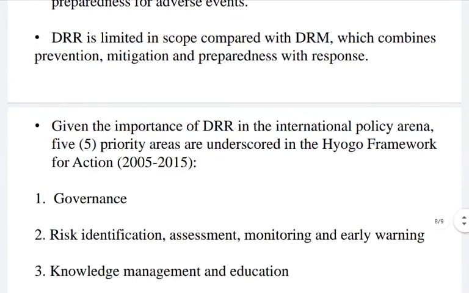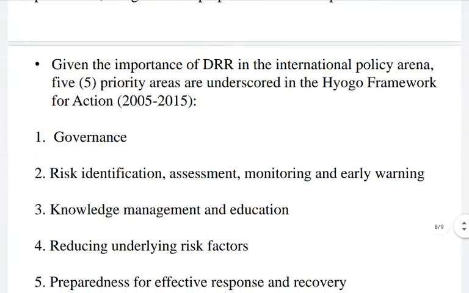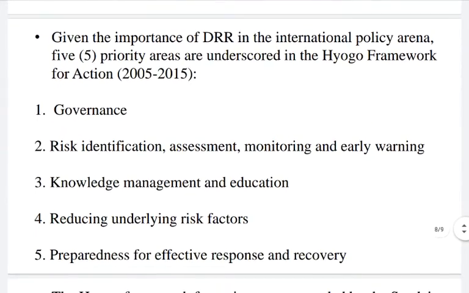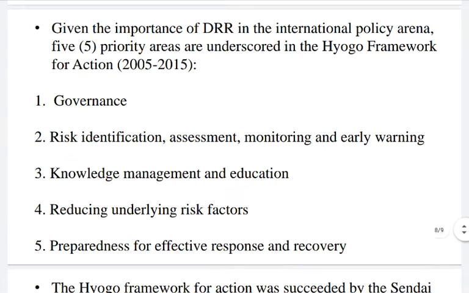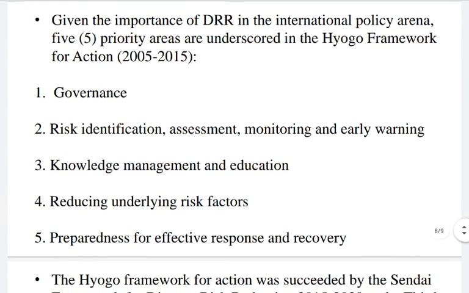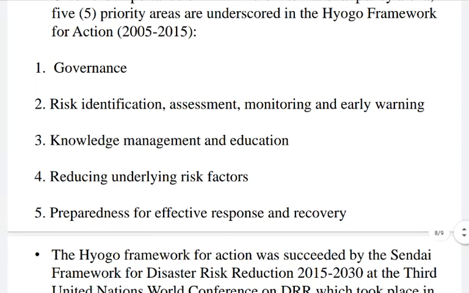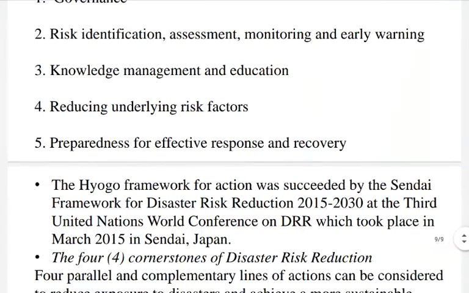So here you can see the international policy arena giving importance to disaster risk reduction in their framework for action. First is governance, two is risk identification, assessment, monitoring, and early warning. Three is knowledge management and education. Four is reducing underlying risk factors. Five is the preparedness for effective response and recovery.